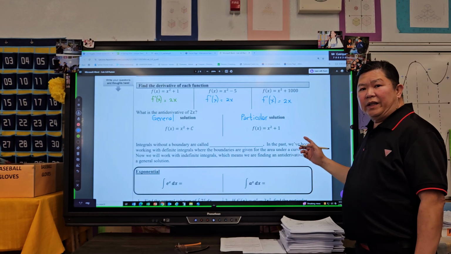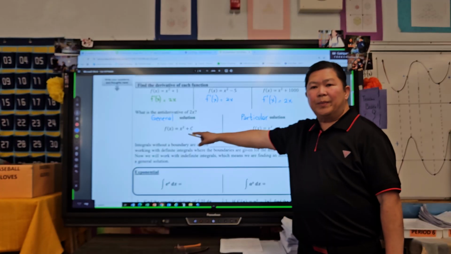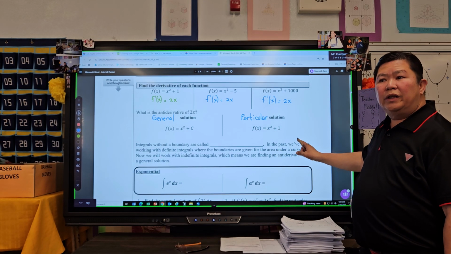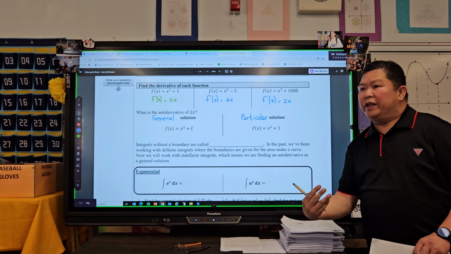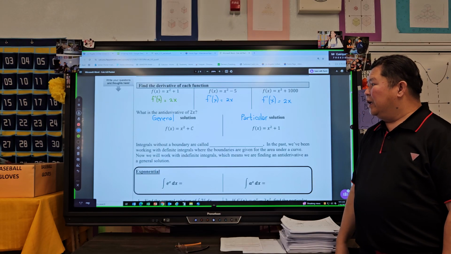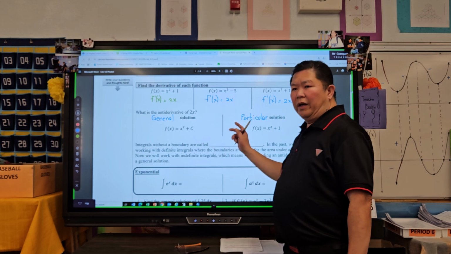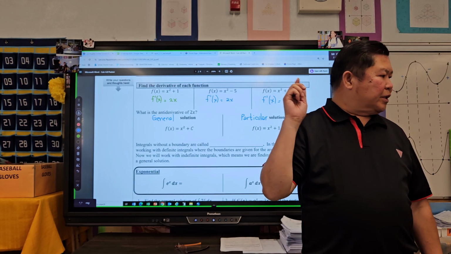Okay? See the difference now? General solution has plus c. Particular solution has plus a constant number. So we identify the constant, right? But for the general solution, we don't care. We just put plus c. Any question?